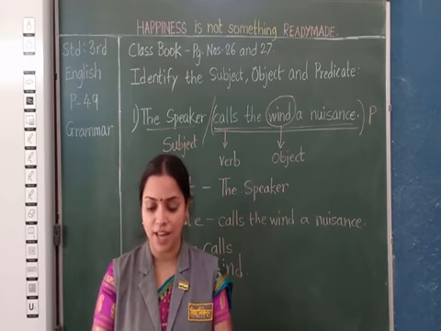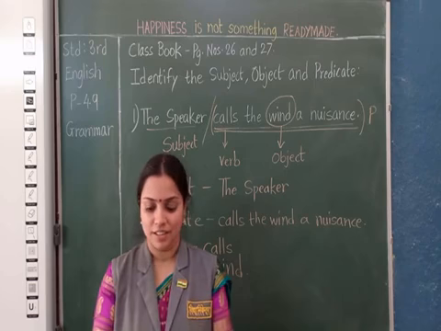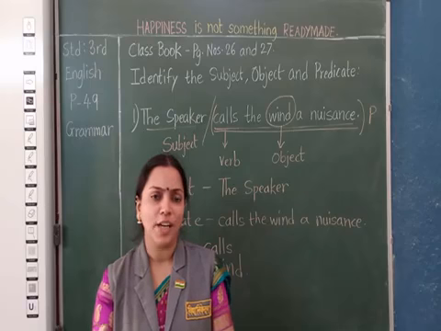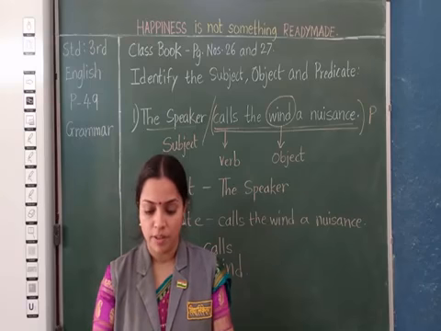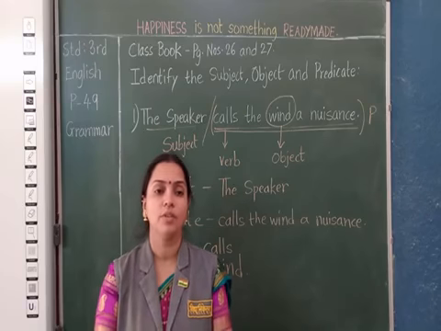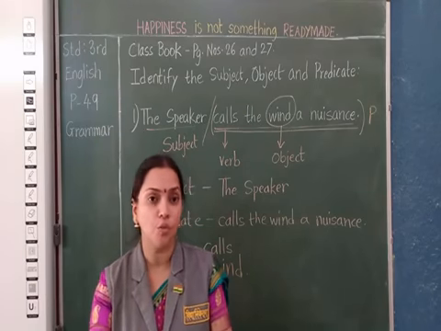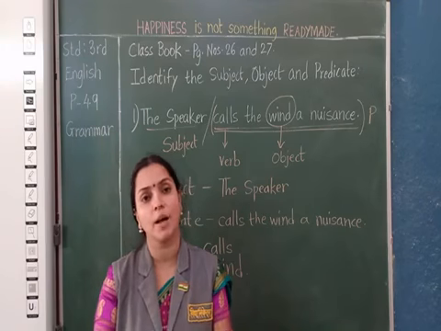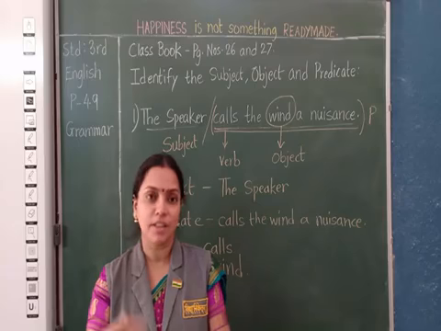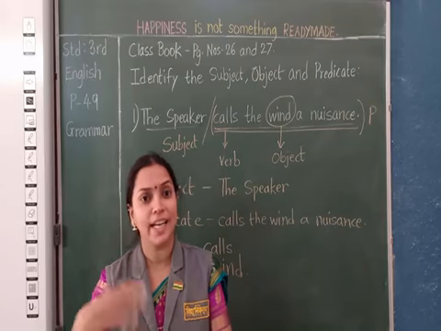Wind helps to fly the kite. Now here try to identify the verb. Here helps to fly, this whole will come under the verb. Okay, this whole thing will come as verb. You will learn in detail about such type of verbs later on.